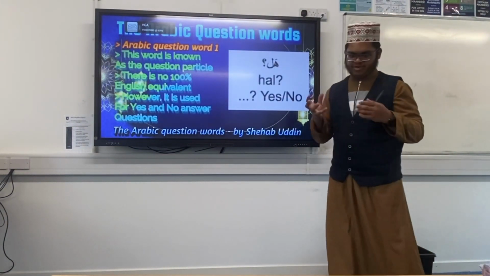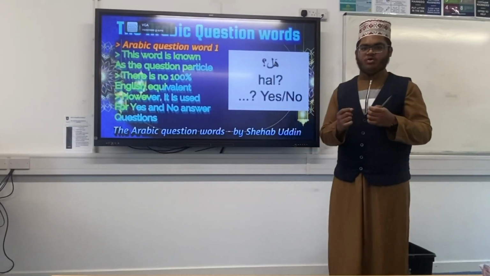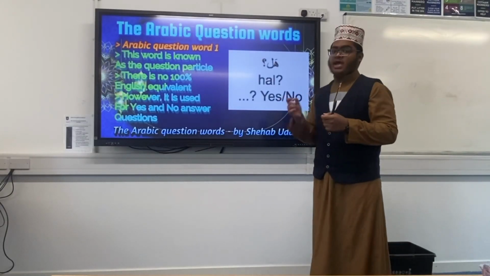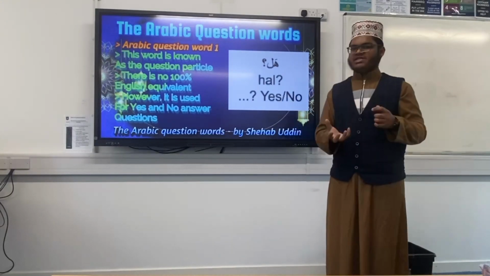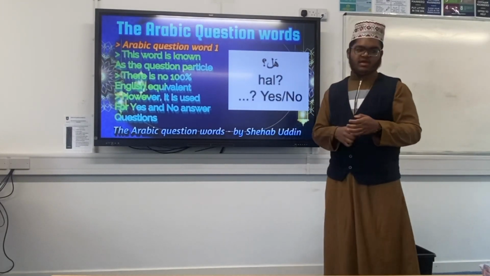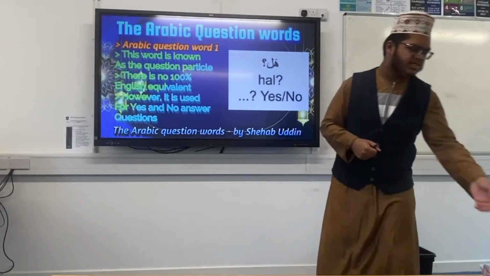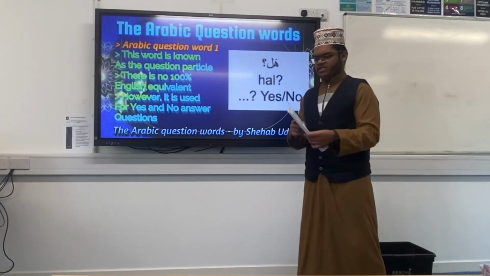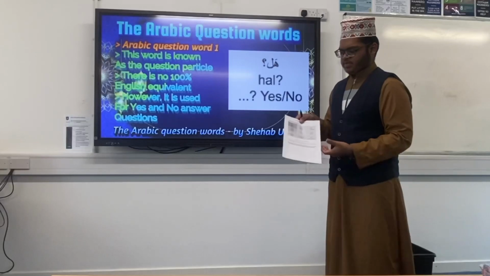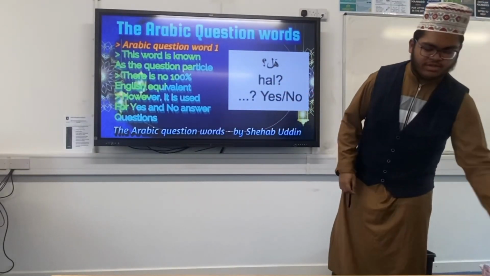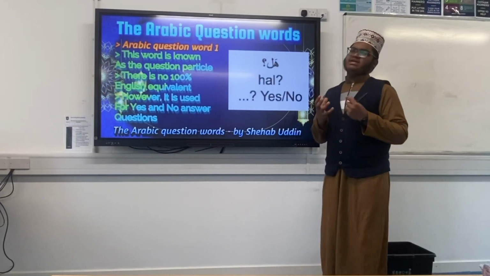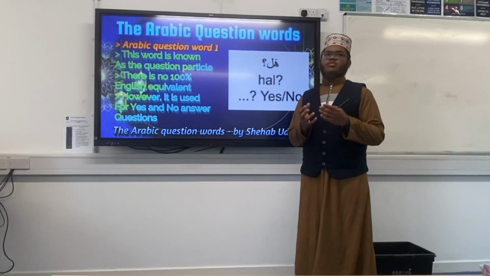Now we will actually go through the question words. So far we looked at how to write them out. Now we will look at the meanings and their purpose. The first one on the grid on your worksheet is hal, which in English has no proper equivalent.